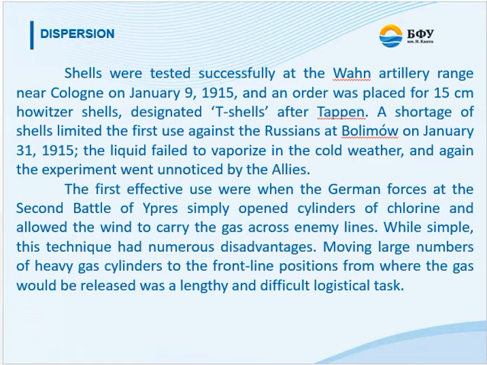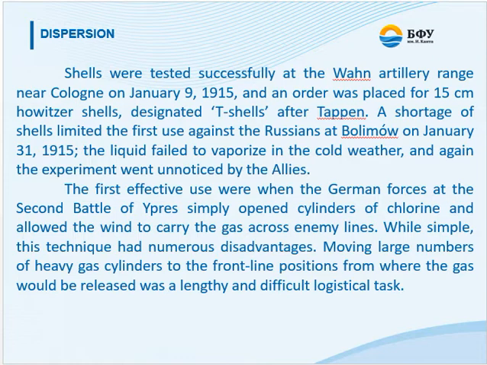Shells were tested successfully at the Wahn artillery range near Cologne on January 9, 1915, and an order was placed for 15-centimeter Haughton's shells, designated T-shells after Tappen.